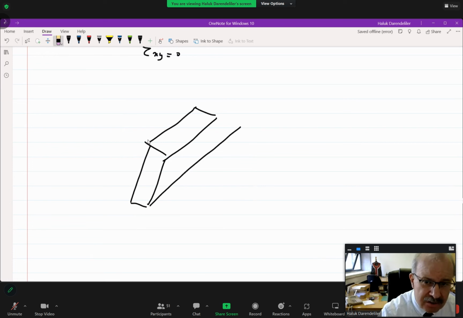The shear stress, which we found by VQ over IT, has such a distribution. This is the shear stress at the ends, like that. However, it is lower in magnitude in the middle portion, like that. Clear? So what we are calculating is an average value, something like this. This is tau xy average.